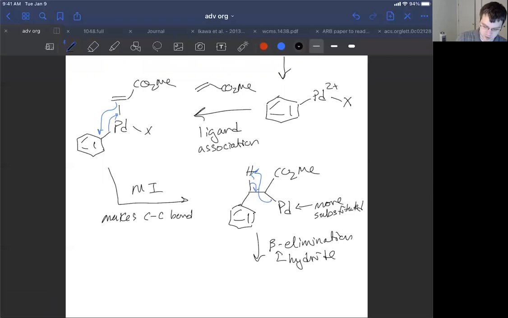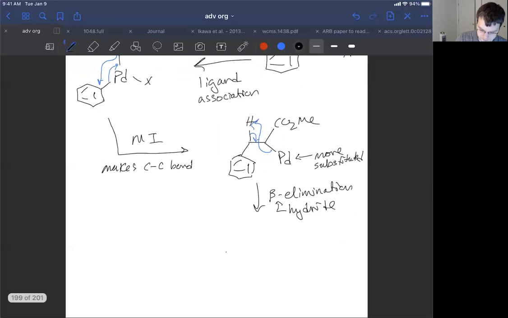With beta elimination, we're going to form an alkene. Plus palladium, and palladium was still attached to X this entire time. Palladium attached to X and H+. What we have here is our coupled product.